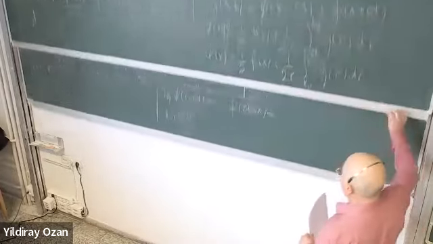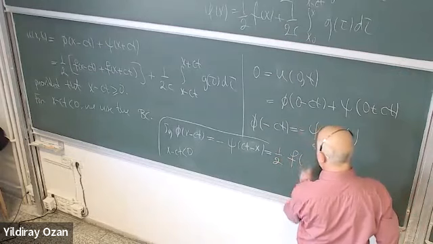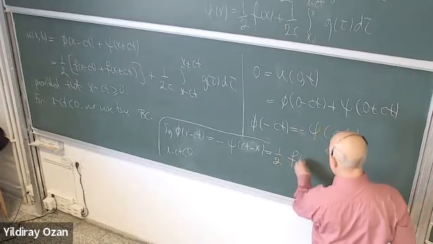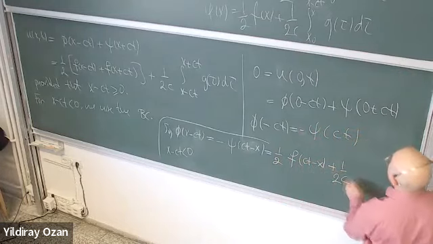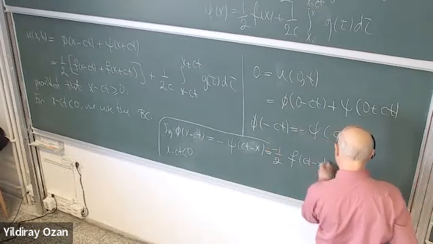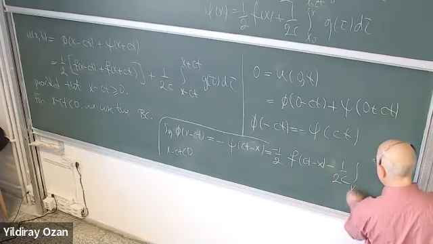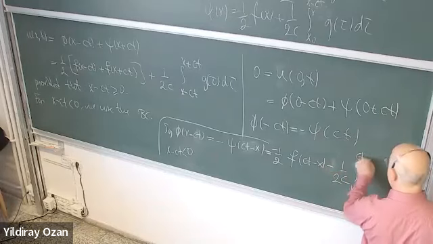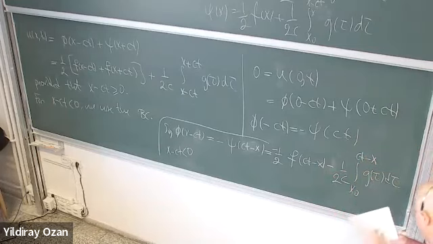Right, so it is 1/2 f of ct minus x plus 1/2 c, but we have minus sign, so minus the integral from x0 to ct minus x of g tau d tau. Okay.